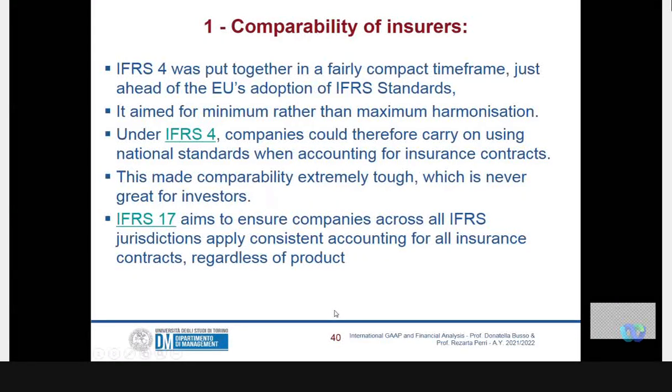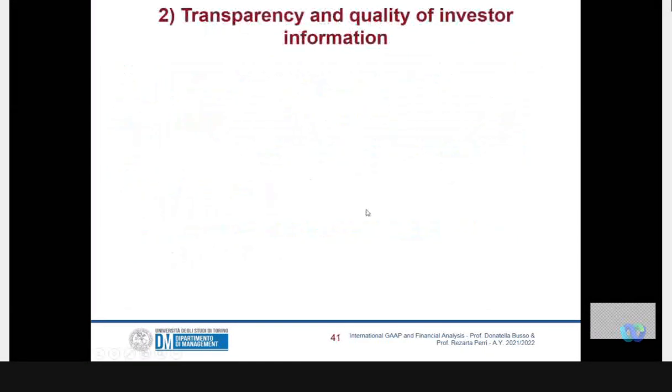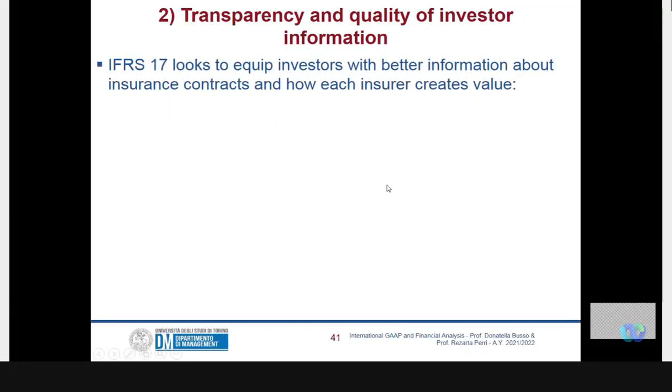Now, what IFRS 17 aims to do is to ensure companies across all IFRS jurisdictions apply consistent accounting for all insurance contracts, regardless of products. Another thing is the transparency and quality of investor information.